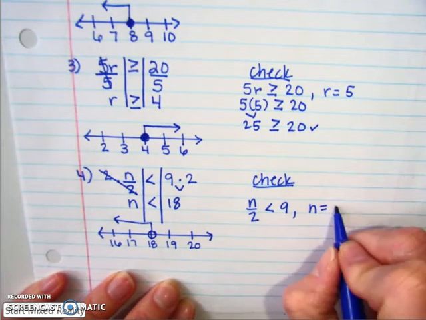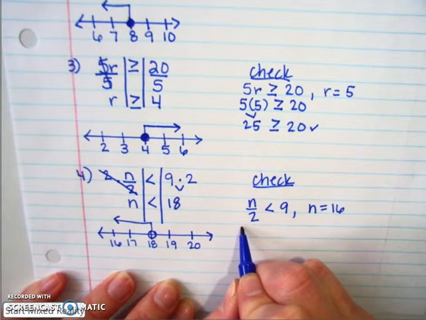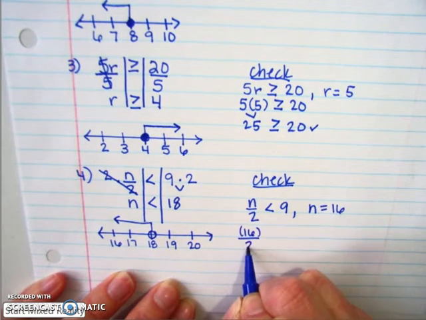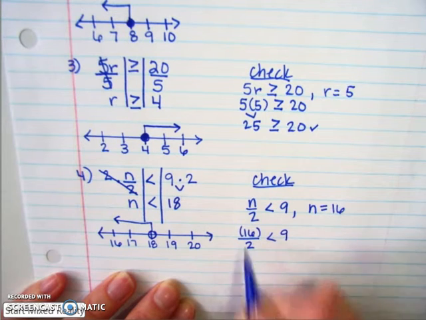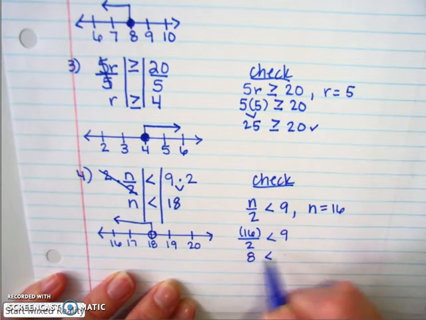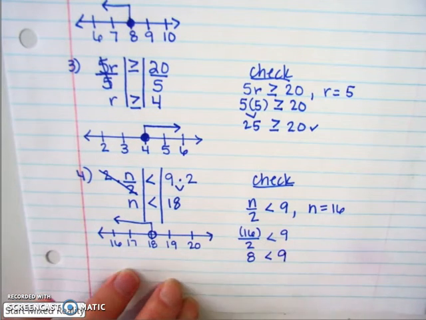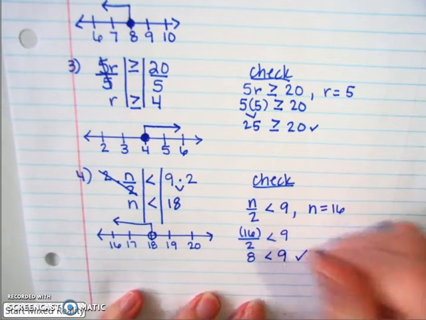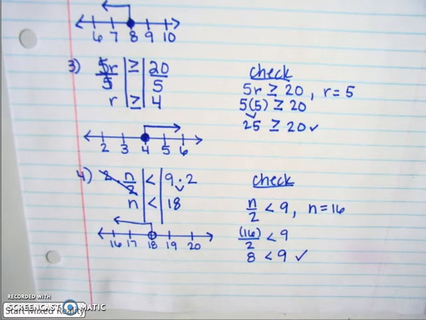So I'm going to substitute 16. 16 divided by 2 is 8. And 8 is less than 9. Since 8 is less than 9, then I know I have the inequality going in the right direction.